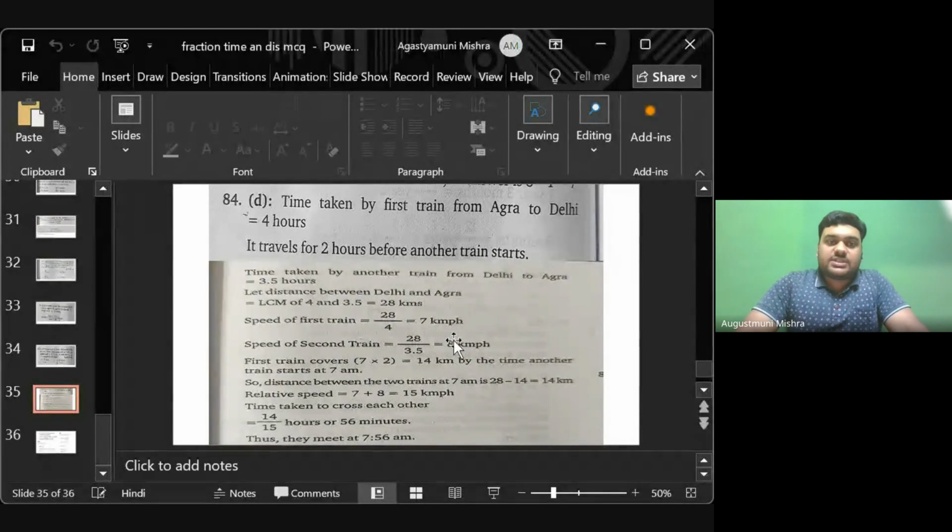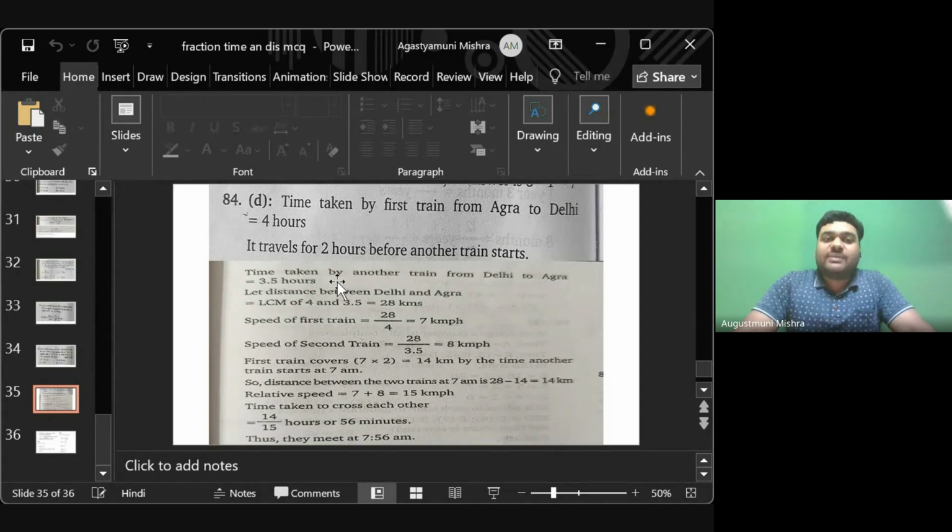Ma'am, first you have to keep in mind that this is again a similar question, where there is a situation with two trains, where one went 2 hours before the other. In this question, the time taken by the first train from Agra to Delhi is 4 hours, that is mentioned. It travels 2 hours before another train starts, that is also mentioned.